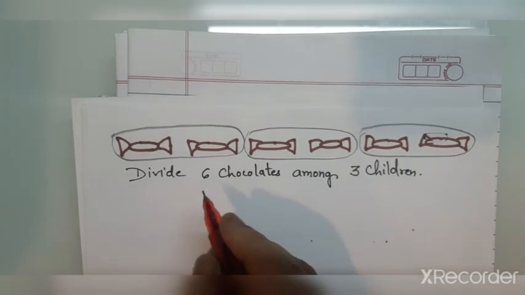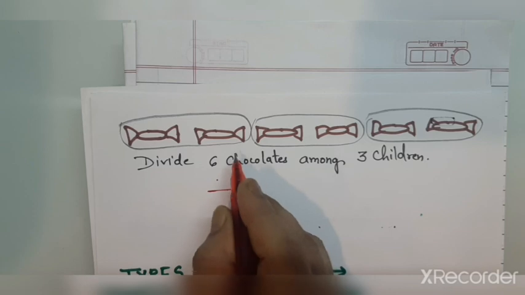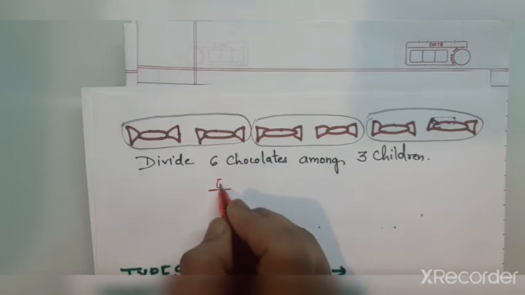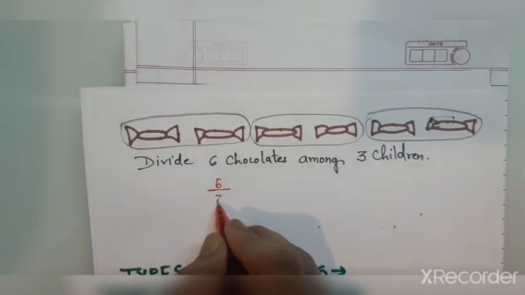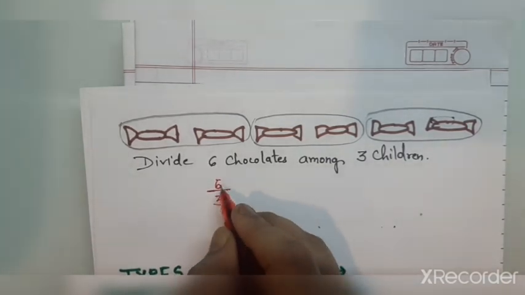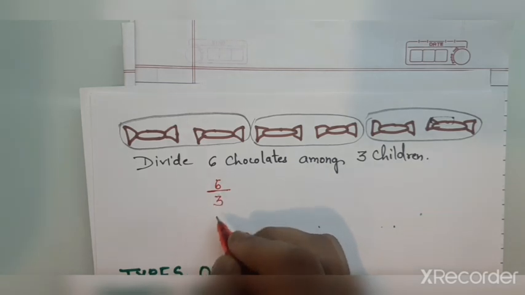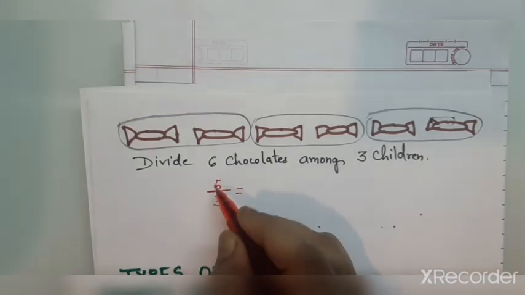Whatever we have to share has to be written in the numerator. So 6 chocolates, I have written in the numerator, upon 3. So the fraction becomes 6 upon 3 equal to. Now we will solve this.